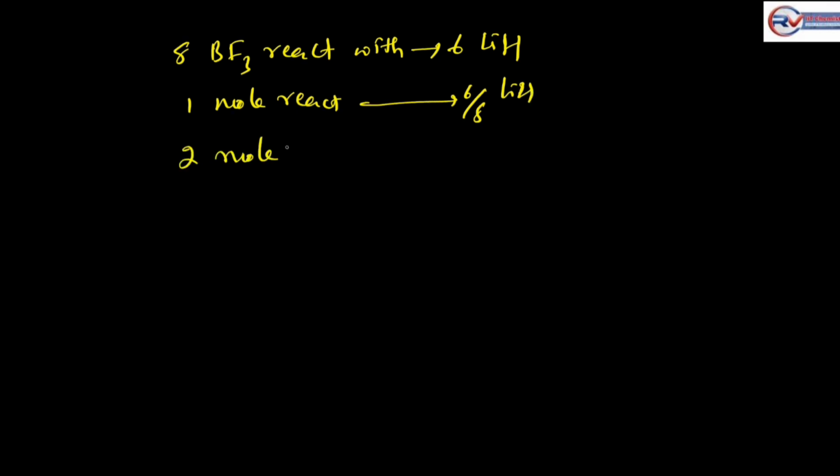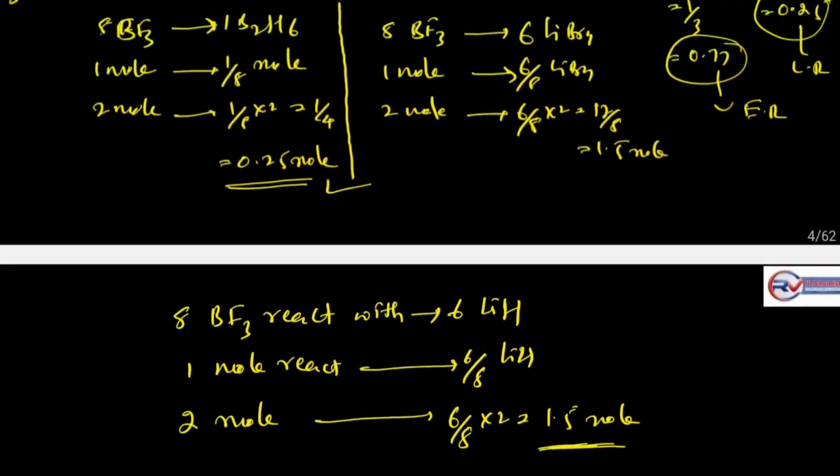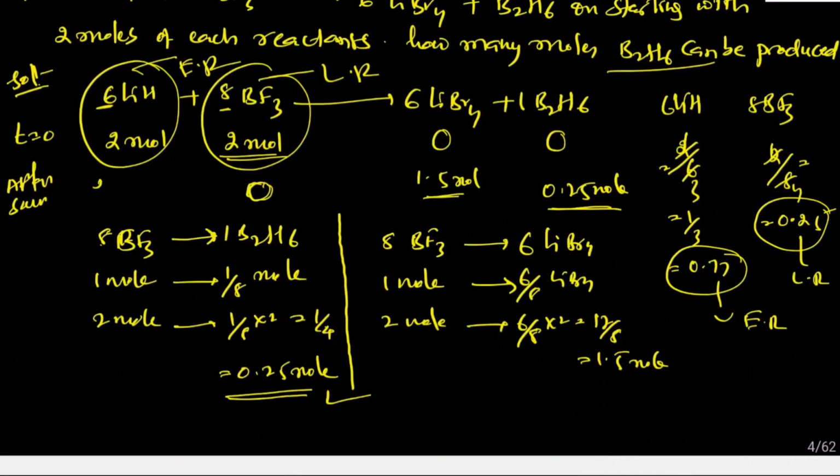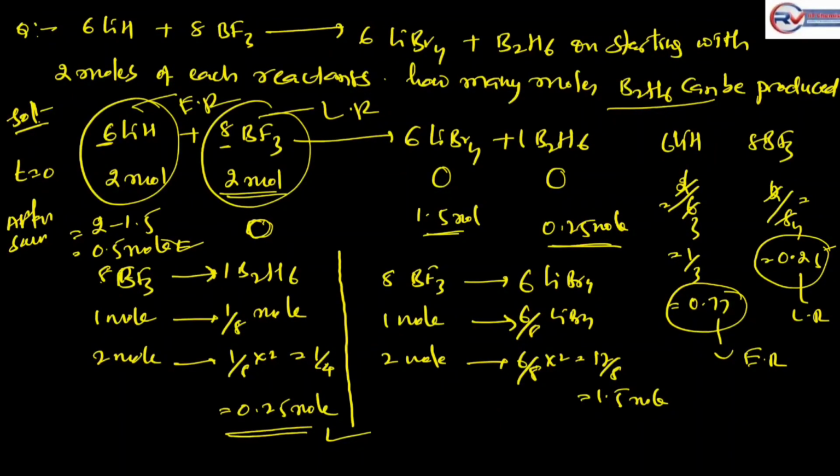But the limiting reagent is 2 moles, so 6 upon 8 into 2 becomes 3 by 2, which is 1.5 mole of lithium hydride. So 2 minus 1.5 becomes 0.5 mole still left in the container. This is the way to calculate the limiting reagent. Okay, thank you.